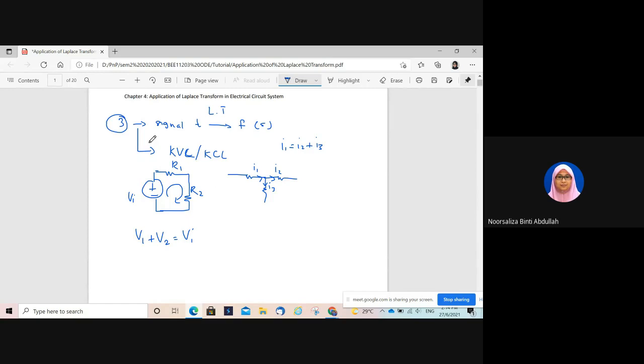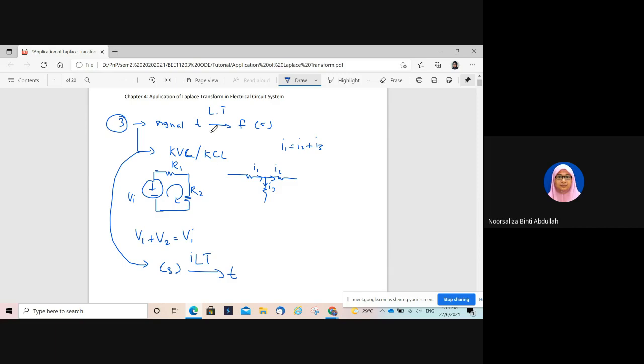Okay, step ketiga. First you convert from time domain to S domain, to frequency domain, and then you analyze using KVL or KCL. And the third one, last one, is you convert back from S, frequency domain, to time domain using inverse Laplace transform.